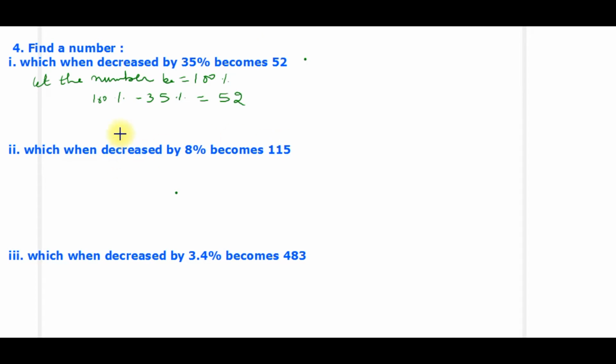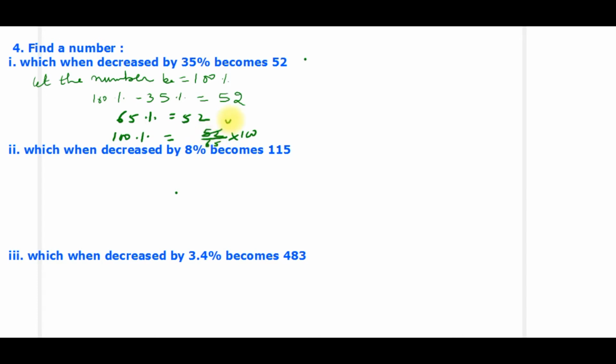So here 65% becomes 52, then 100% would be 52 upon 65 multiplied by 100.